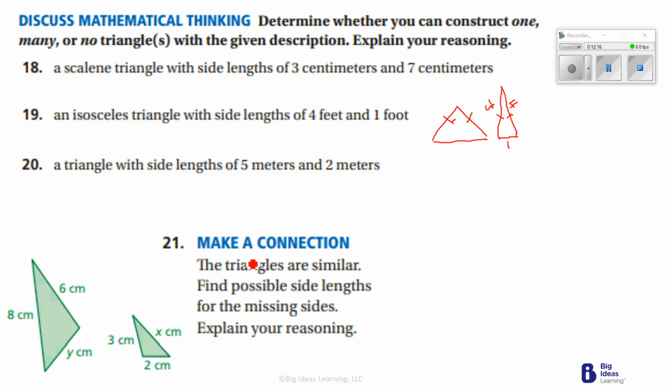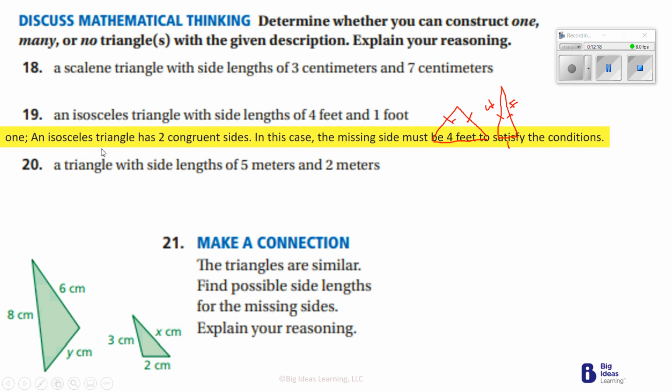Let's just check and see if that's true. An isosceles triangle has 2 congruent sides. In this case, the missing side must be 4 feet to satisfy the condition. So this was 1 foot, the other side was 4. In other words, we would need 4 feet on this side. Okay?